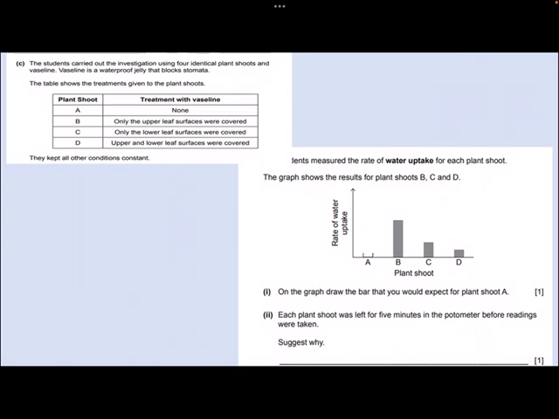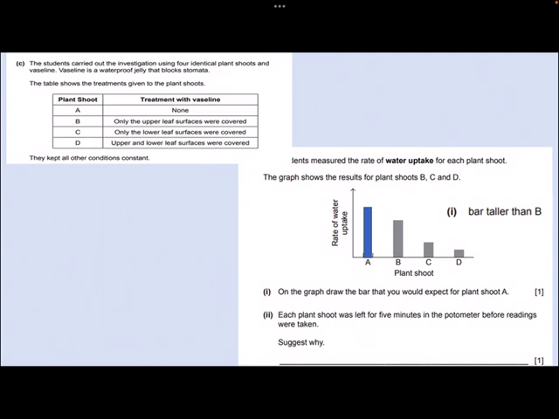So the students measured the rate of water uptake for each plant shoot, and the graph shows the results for B, C and D. So on the graph, draw the bar that you would expect for plant shoot A. So plant shoot A had no Vaseline on it, on either surface, so you would expect more water vapour to be lost from it compared to plant shoots B, C or D. So the bar being taller than B would be what would be expected.